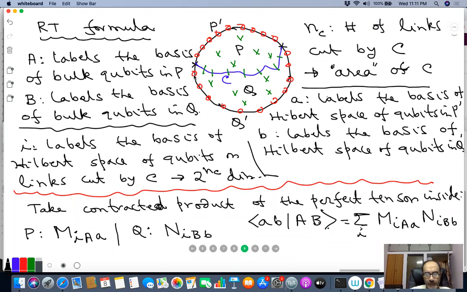So you are going to trace out the degrees of freedom associated with Q prime, which means you basically have to trace out over the basis states labeled by the small b, and write a density matrix for the states that are supported on A.